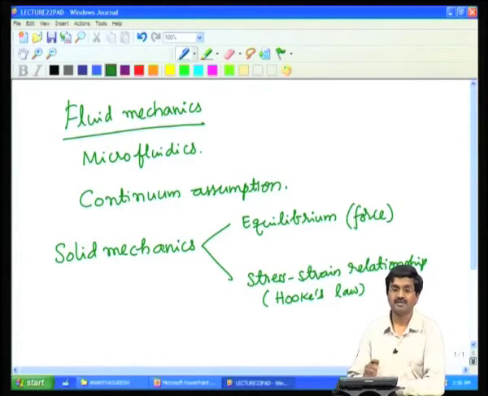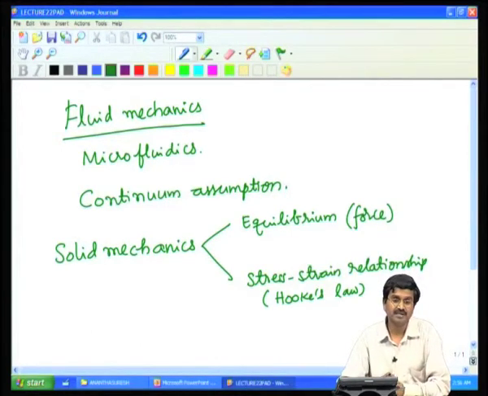That is all we need to formulate the equations for solid mechanics, and there are a lot of details of course, but everything follows from force equilibrium and the stress strain relationship, also known as the constitutive relationship.